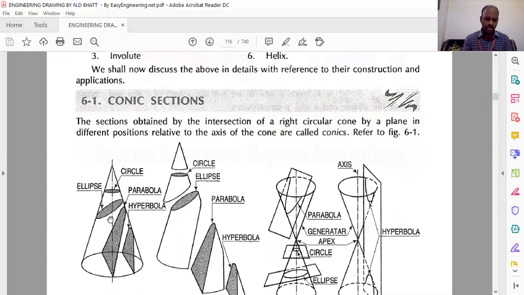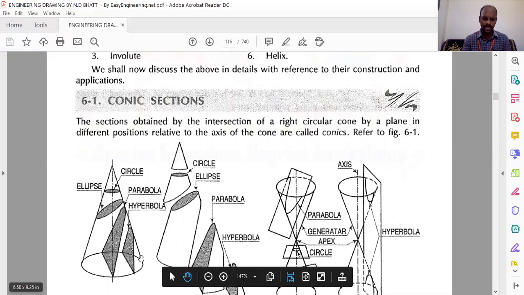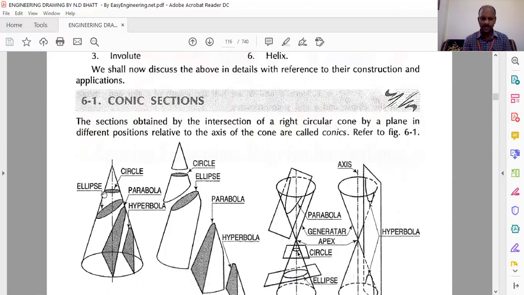Now, if you observe, a circle is formed by cutting the cone perpendicular to the axis of the cone or parallel to the base. So the section obtained is called a circle. Similarly, if the cutting plane is inclined to the axis, cutting all the generators of the cone, we call it an ellipse.